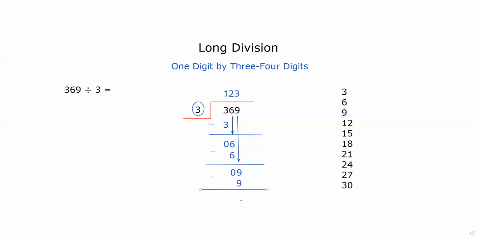Okay, 0. So here's the number here. We call it the quotient, which is what I want to find. Quotient. And this one, we call it the remainder.